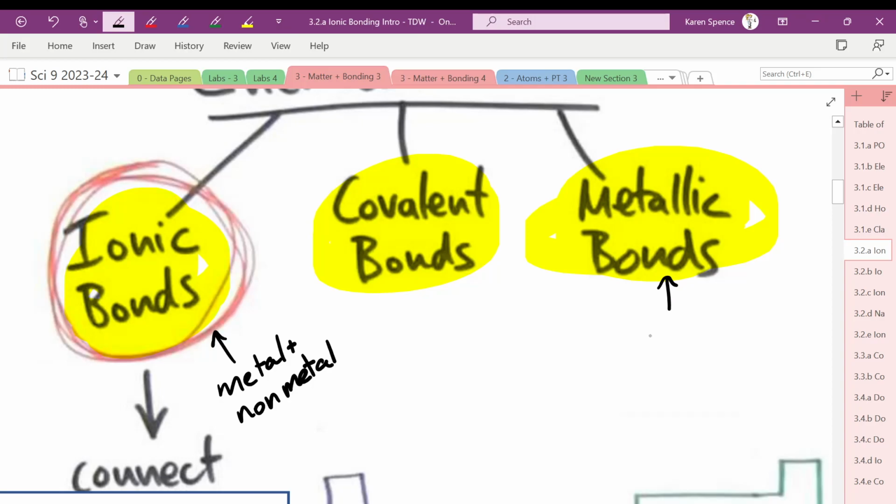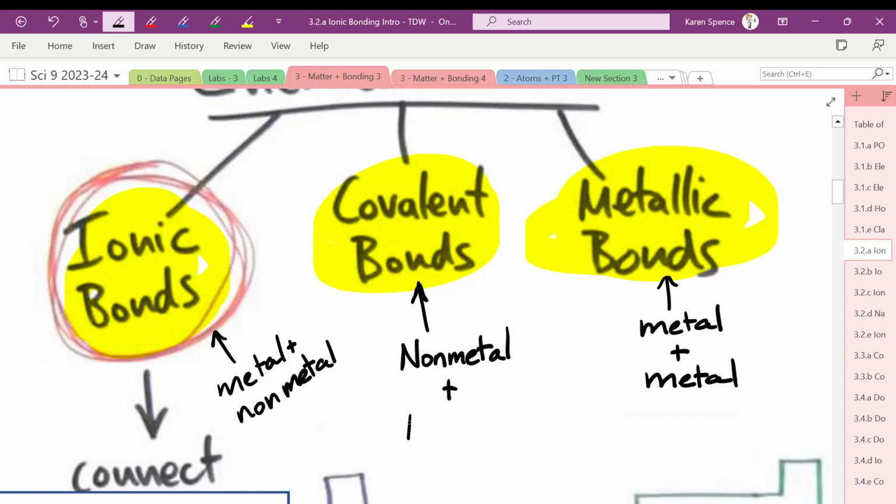Metal and metal. Shocking, yes? Metallic bonds are between a metal and a metal. So that name really makes a lot of sense. What do you think covalent bonds are between? I think we've only got one option left. Non-metal plus non-metal.